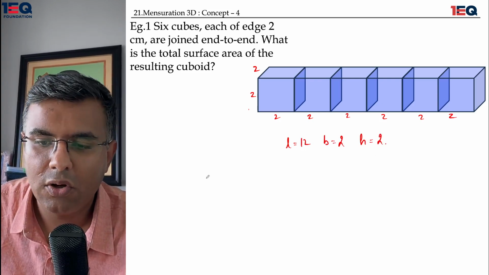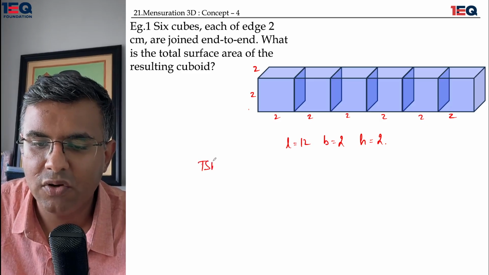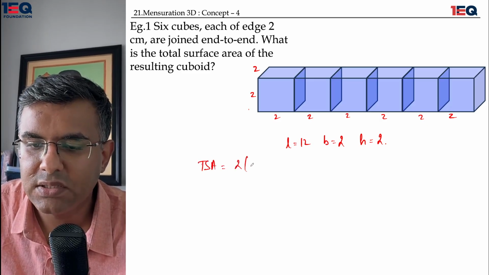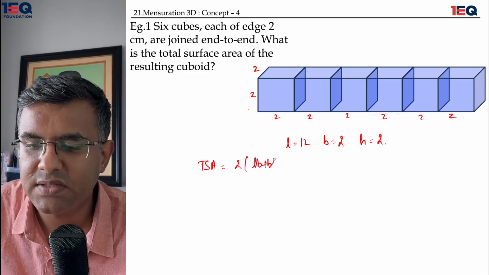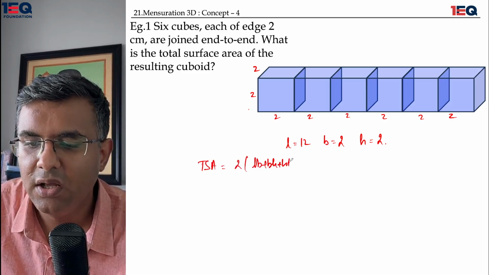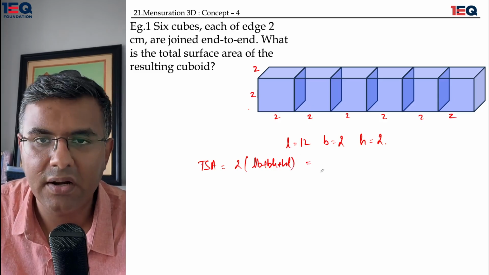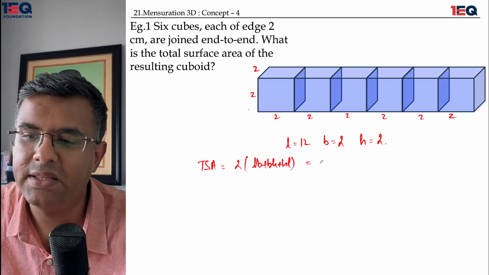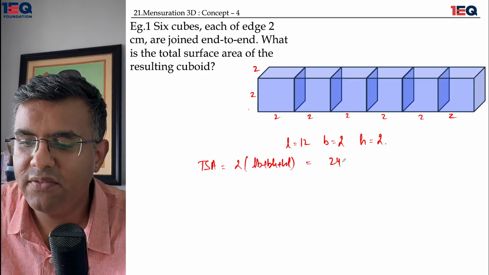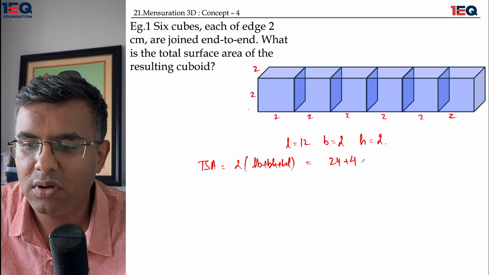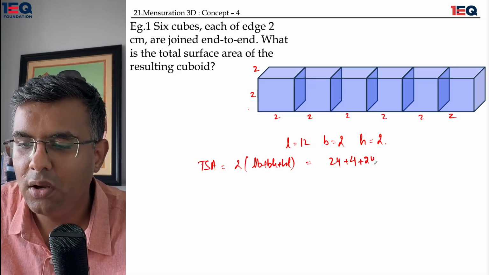Talking about the total surface area of a cuboid, the answer is 2 into (LB plus BH plus HL). We've already discussed it. I'm still writing it so that you are able to recall it in the exam. LB is 24, BH is 4, HL is again 24.